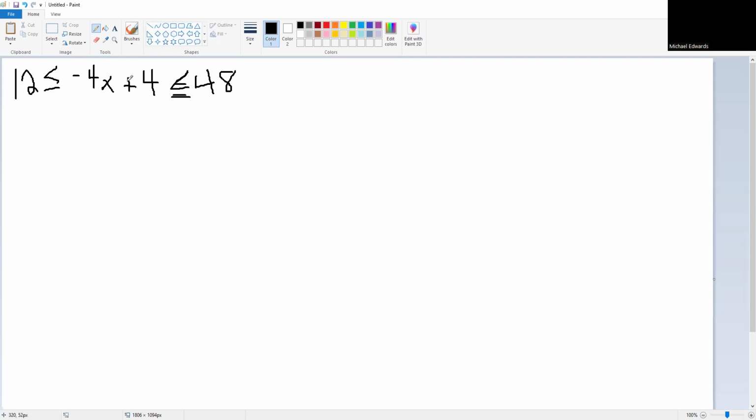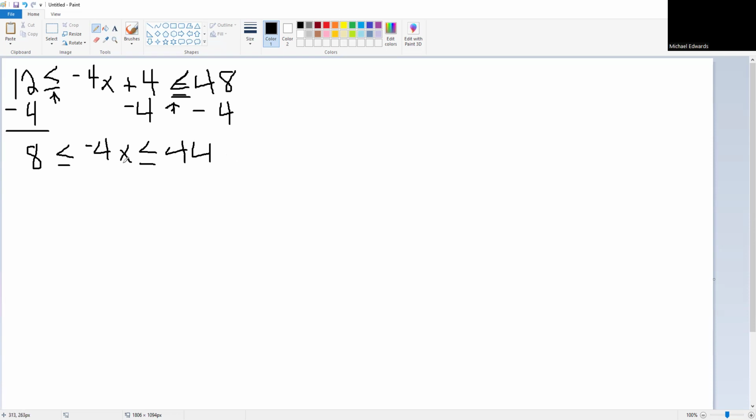So if we take out 4 from this side, we take out 4 from all sides. So this gives us 8 less than or equal to negative 4x less than or equal to 44.